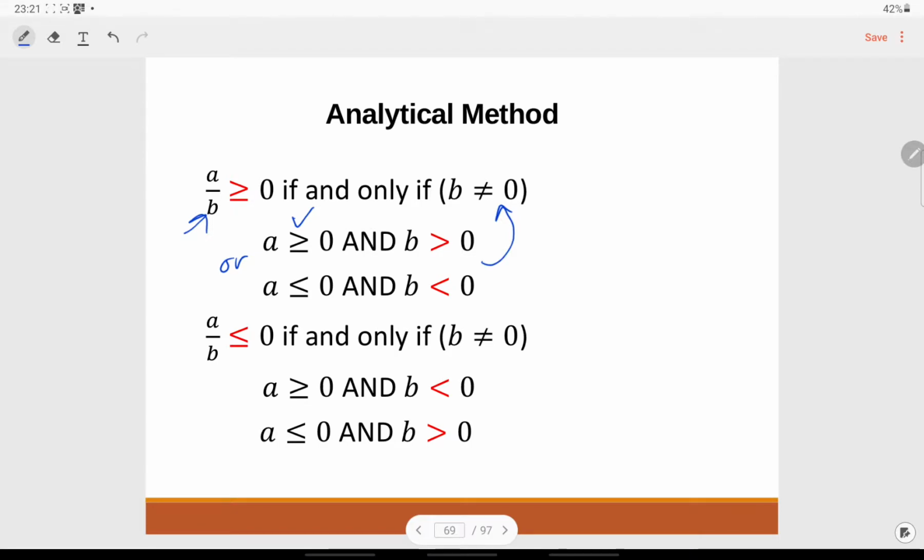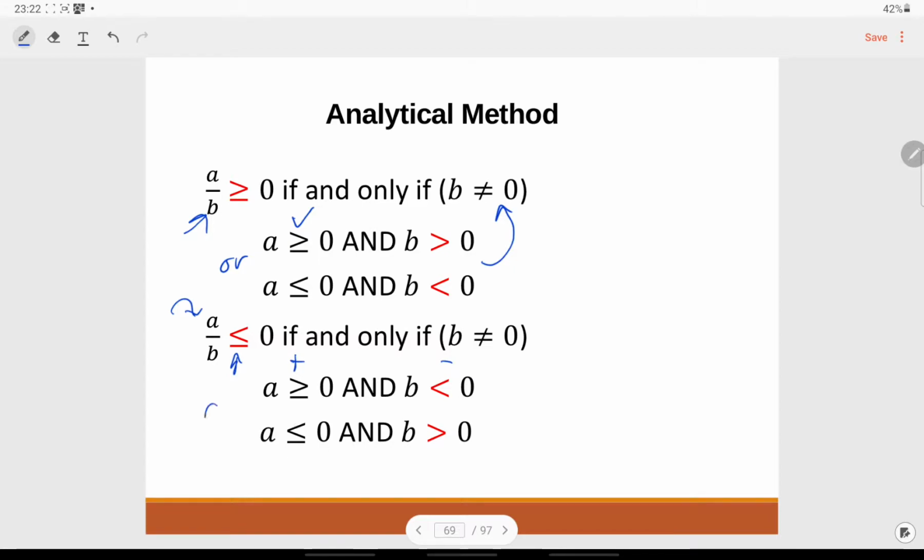On the other side, A over B is less than or equal to 0 if and only if A is greater than or equal to 0 and B is less than 0. That means different signs: one positive, one negative, then the fraction is less than or equal to 0.